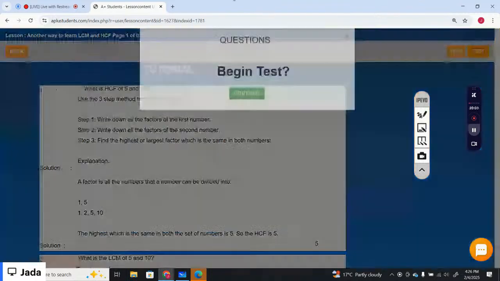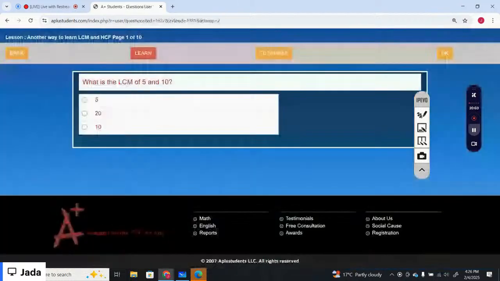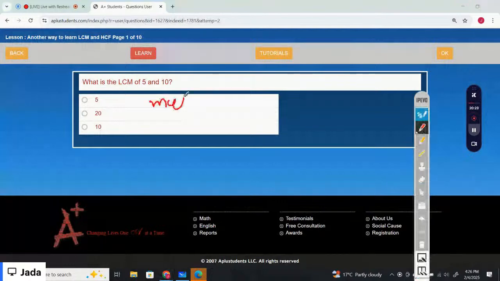Let's just start with the test questions. What is the LCM of 5 and 10? You need to write down the multiples of 5 and 10.